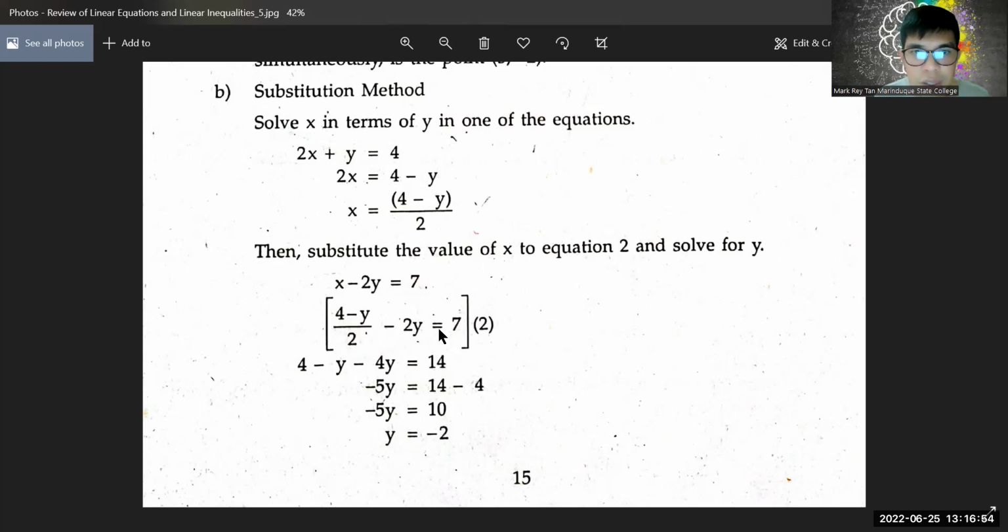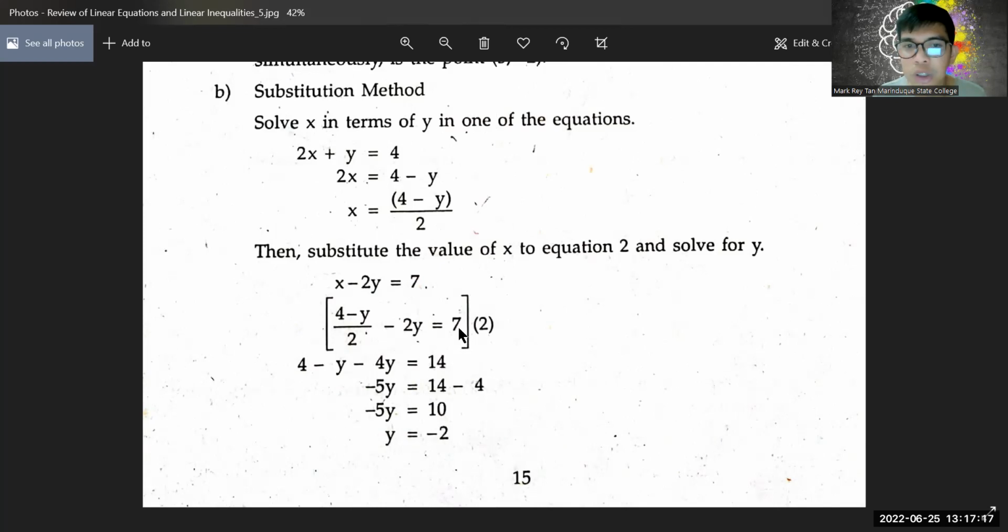Here we have a denominator of 2. So to remove it, we multiply all terms by 2, on both sides of the equation. Then the denominator is removed, and it becomes 4 minus y. The negative 2y multiplied by 2 becomes negative 4y.